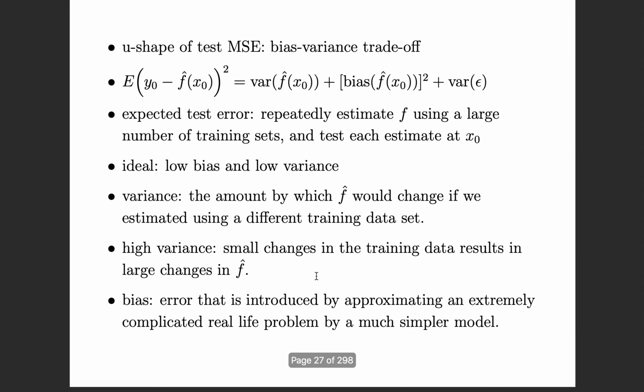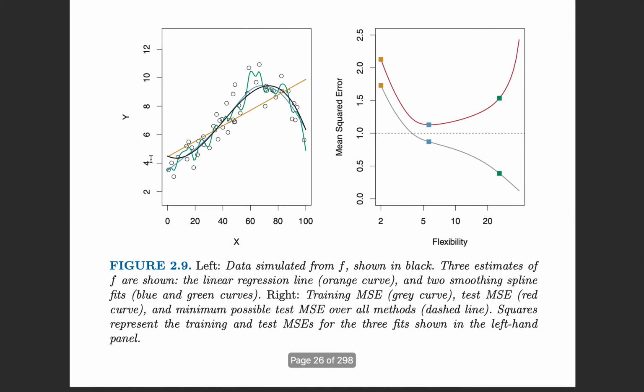What is a bias? It's an error that is introduced by approximating an extremely complicated real-life problem by a much simpler model. So this is complicated, and then we use a simple linear regression. We introduce bias.